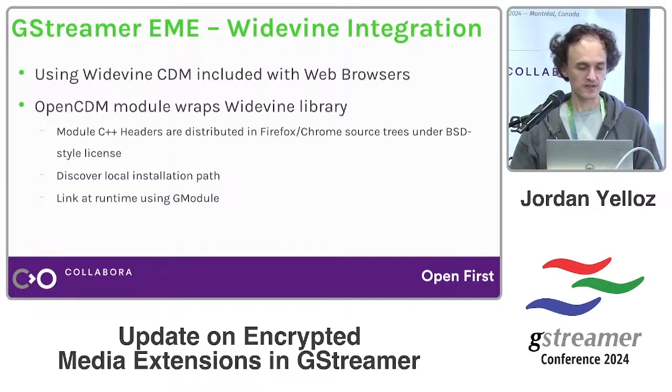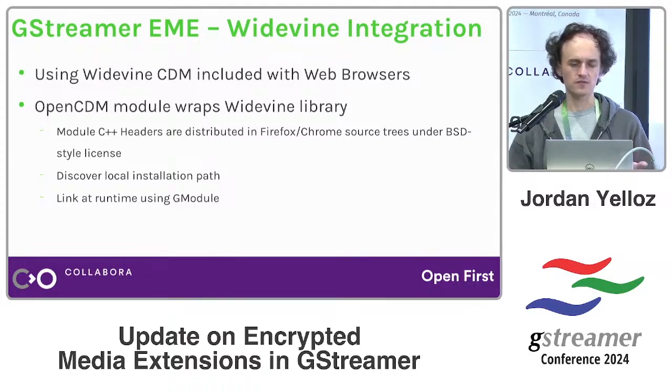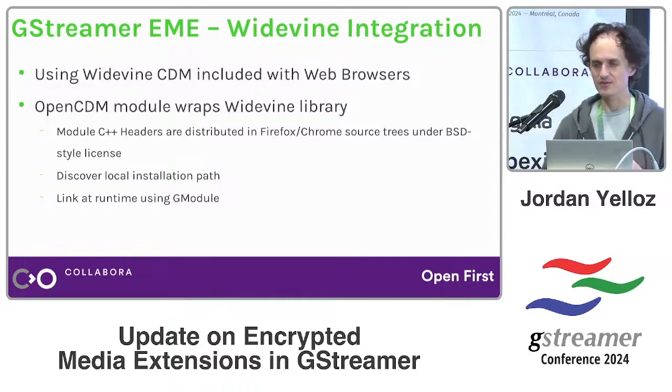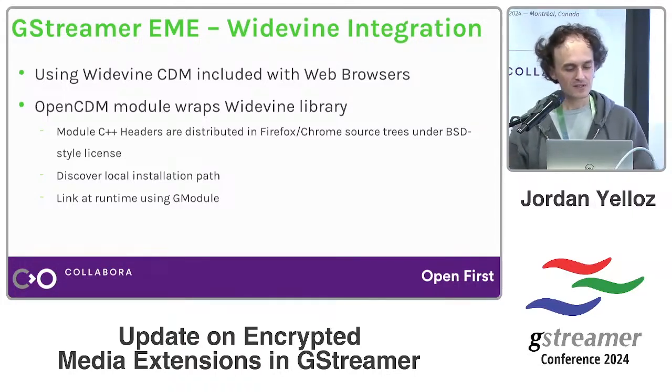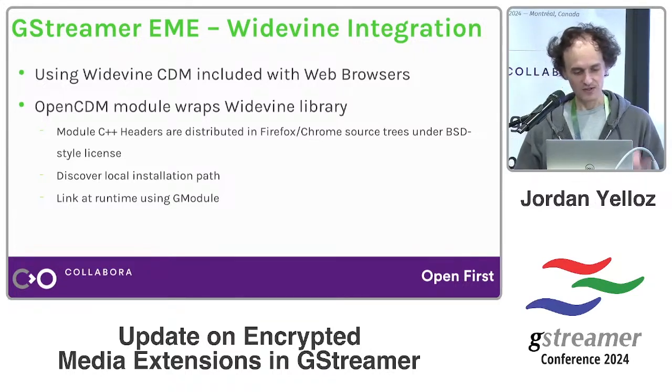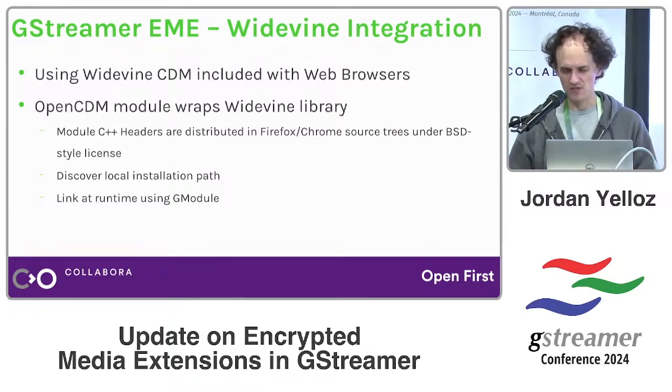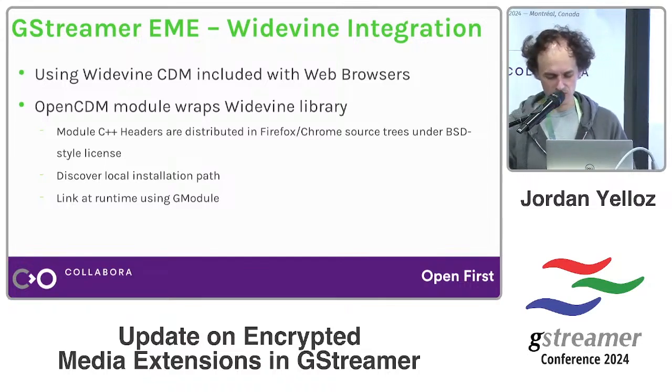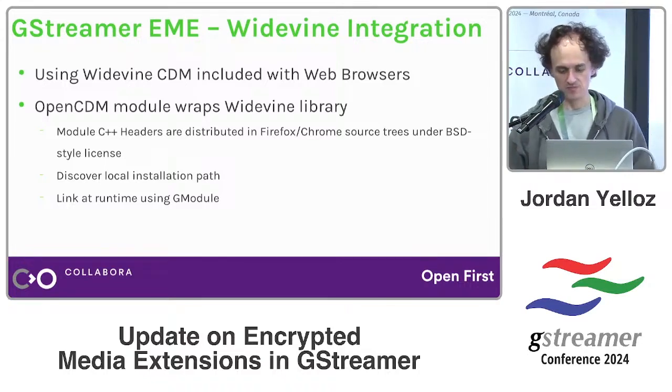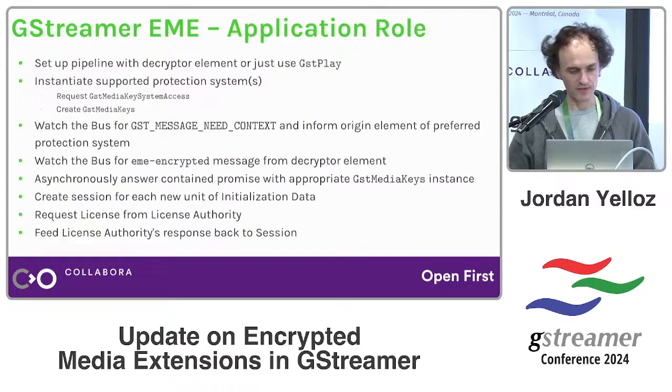So it's a little bit of reverse engineering, but it's not that hard, because if you look at the Firefox source code or Chrome, they have a C++ header that describes the interface, so you can get away with that. You just have to load it at runtime, and you can talk to it. It has a lot of interesting asynchronous aspects to it, but you can work around that.